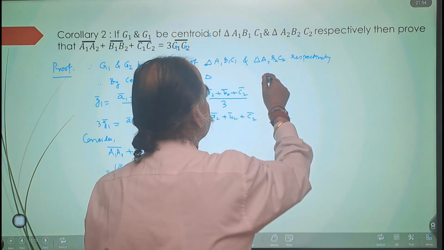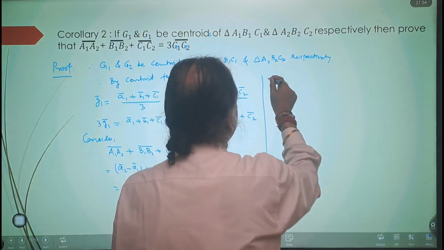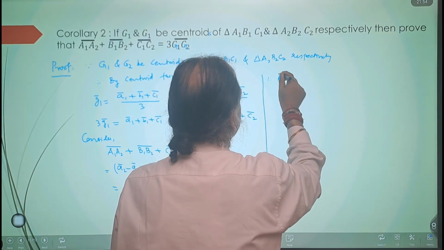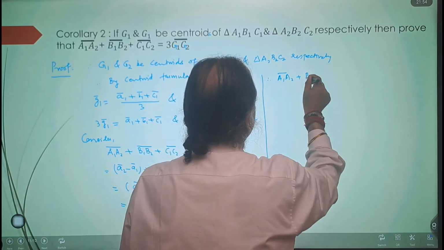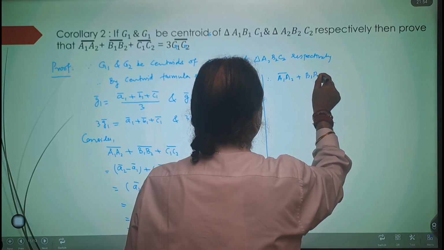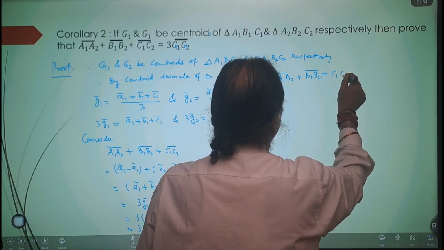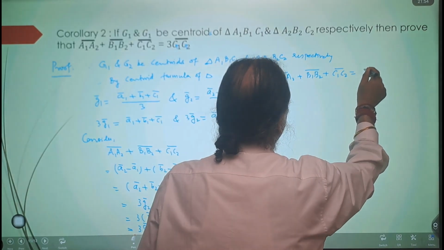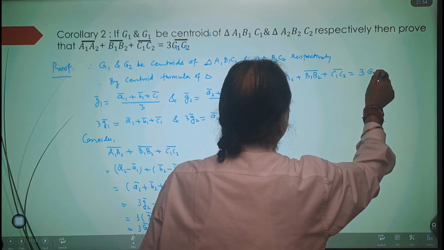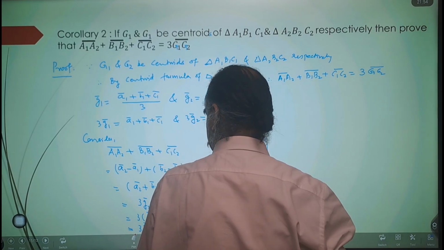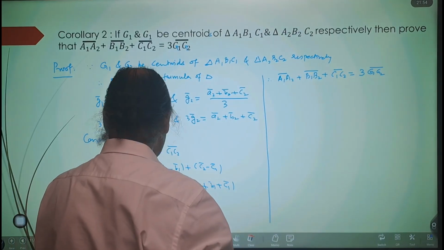Therefore, A1A2 bar plus B1B2 bar plus C1C2 bar is equal to 3 times G1G2 bar as required.